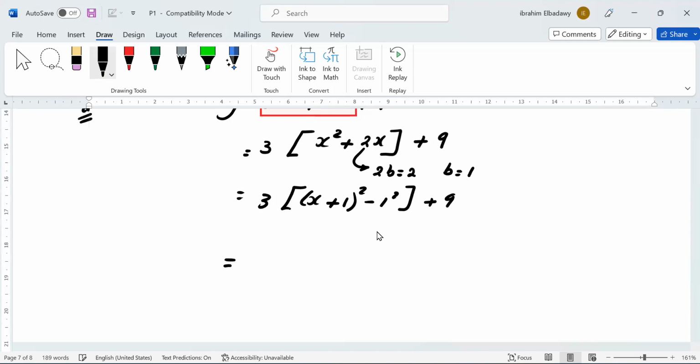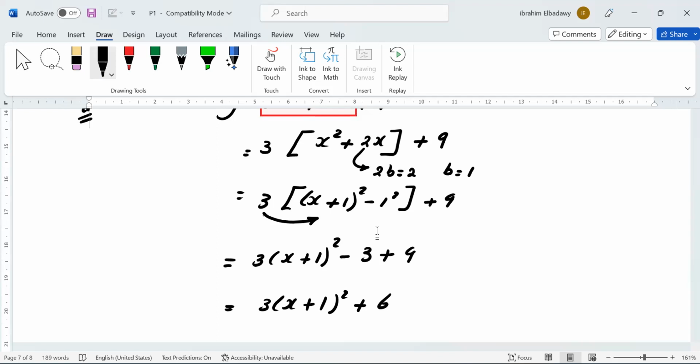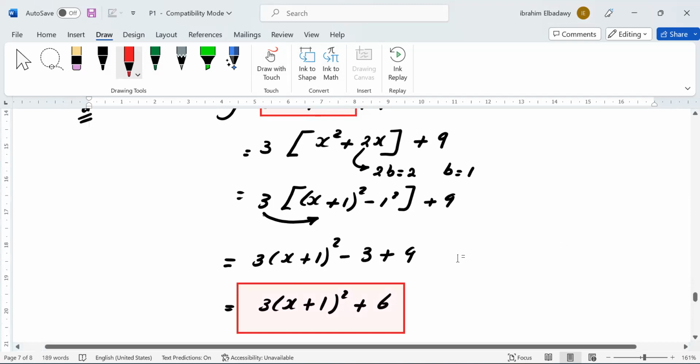You can expand: 3 times (x plus 1) all squared, minus 3, plus 9, equals 3(x plus 1) all squared plus 6. Then this is your formula of y, or whatever formula you need to write in completing the square form. But he said something here.